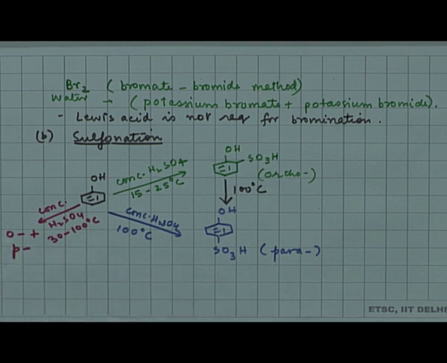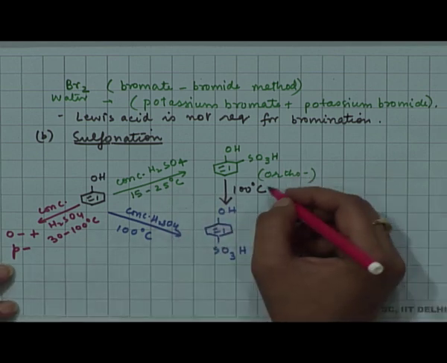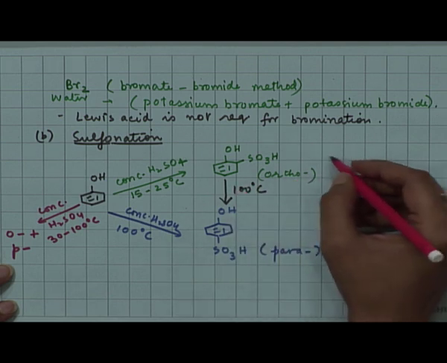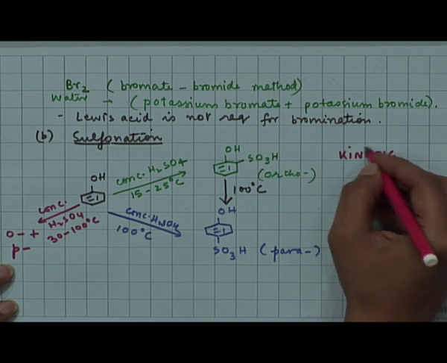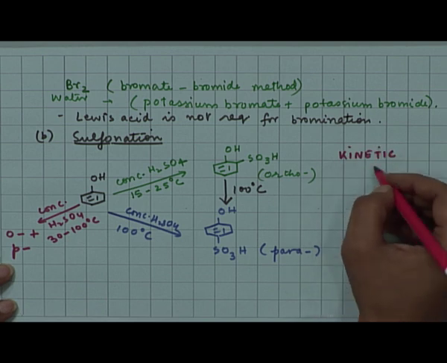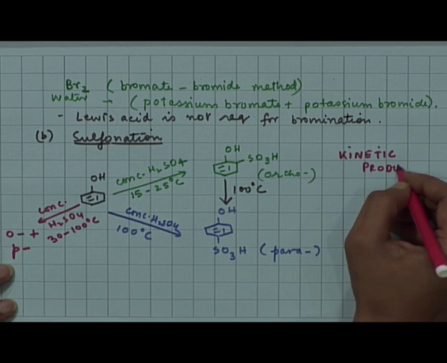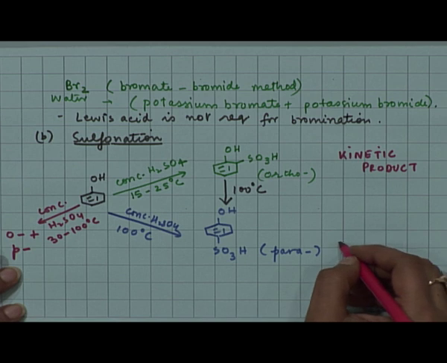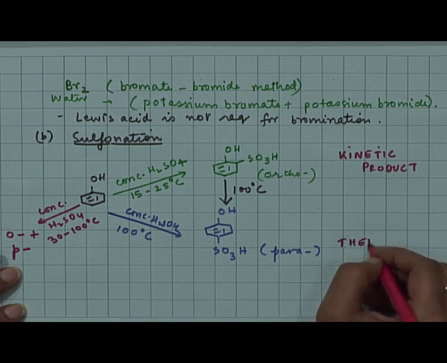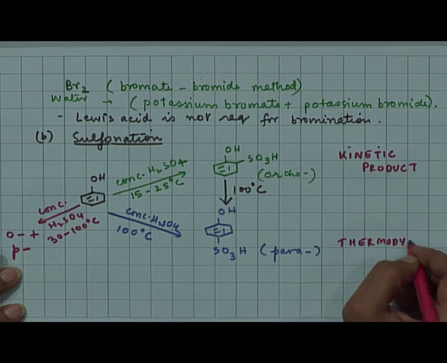So, these three different conditions tell us that when the reaction is carried out at low temperature, we are getting one product, the ortho substituted, which is a kinetic product. So, we are talking about kinetic versus thermodynamic control of substitution in this case. When we carry it out at higher temperature, we get the thermodynamically more stable product. So, we say it is a thermodynamically controlled reaction.